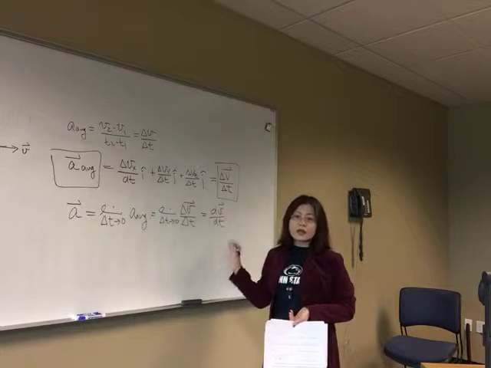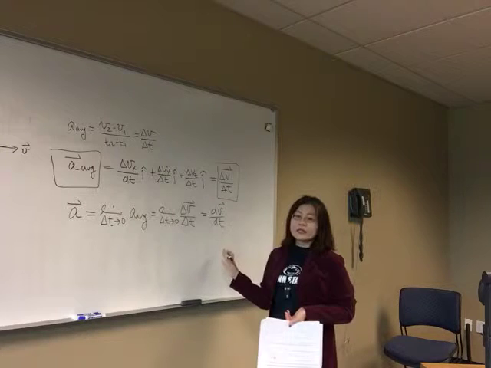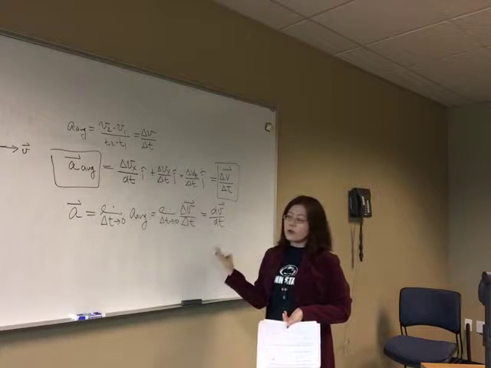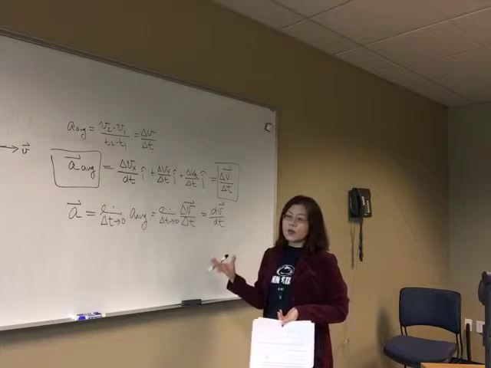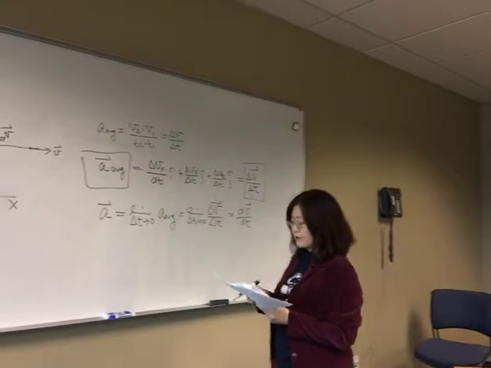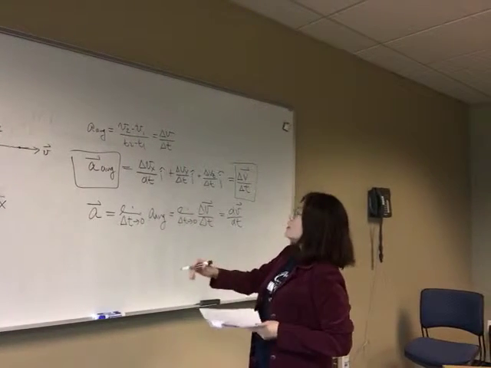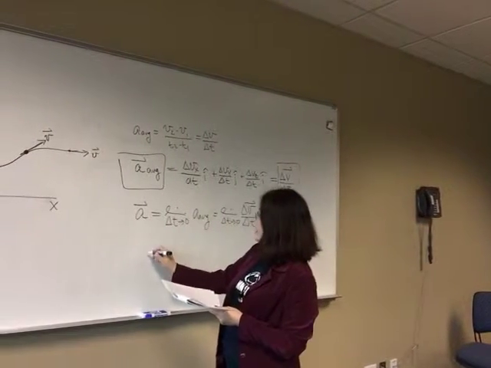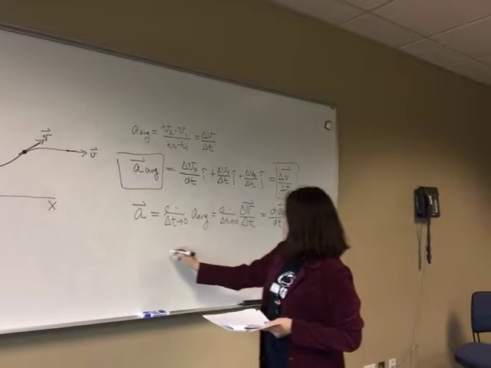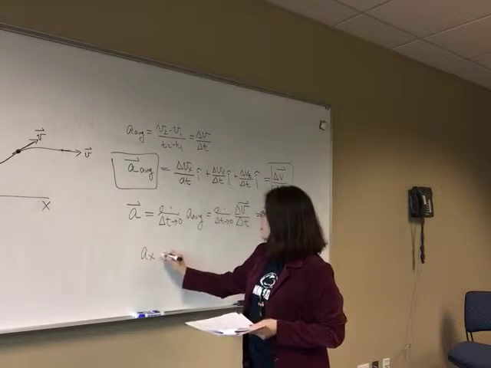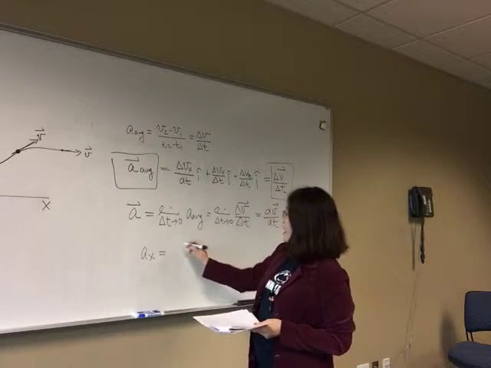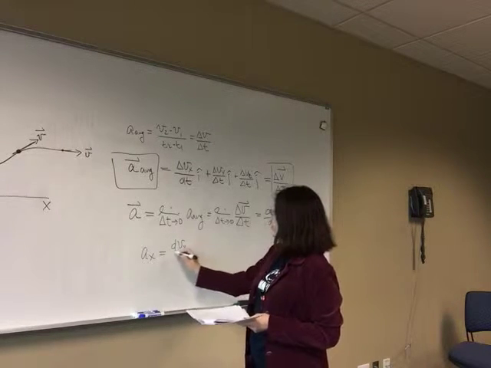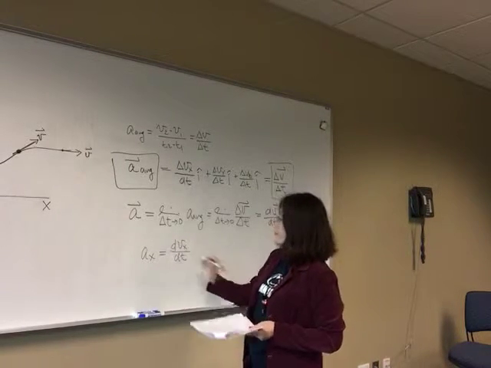There are situations where the acceleration may not exist in all three dimensions, and then you'll just have acceleration in one direction or two dimensions. Okay, so that's that. So in that case, what it means is that you will have the x component, dvx over dt, right?